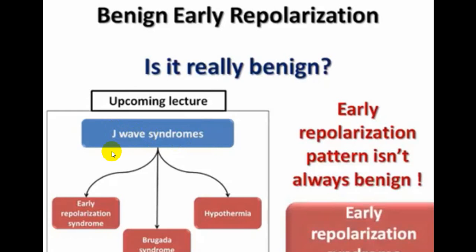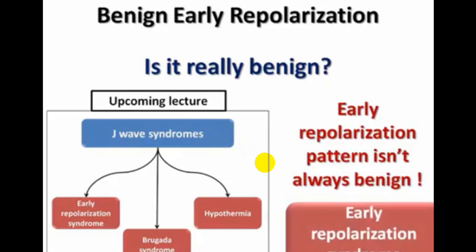So J-wave syndromes will include early repolarization syndrome, which we divide into type 1, type 2, type 3. Brugada is included as the type 4 variety, and you also come across it in hypothermia. You can also have a J-wave elevation in hypocalcemia, hypokalemia, hypomagnesemia, and also with drugs like quinidine, amiodarone, etc.